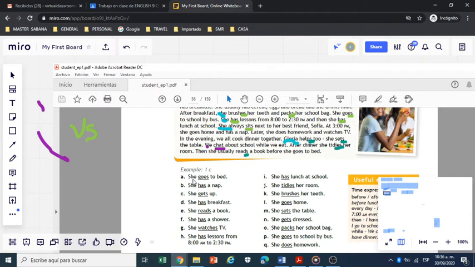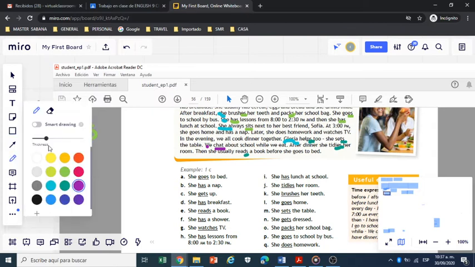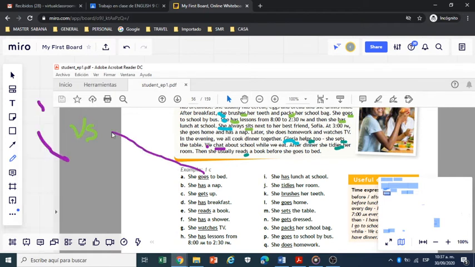Look at this. She goes, she has, gets with the S. She goes, verb with S. She has, verb with S, because third person singular.